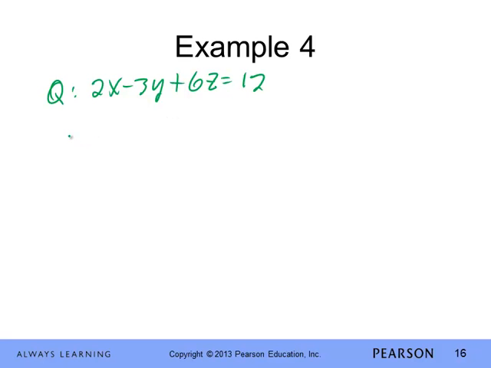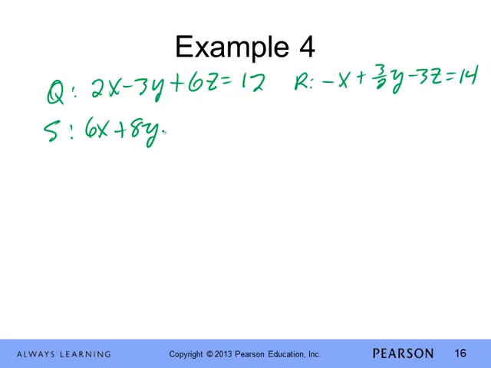You have plane R, which is negative x plus 3 halves y minus 3z is equal to 14. We have plane S, 6x plus 8y plus 2z is equal to 1.